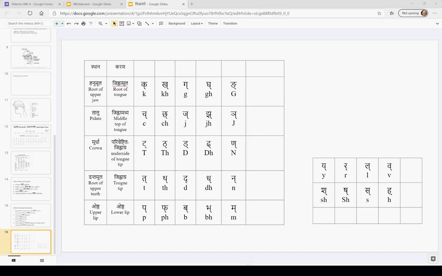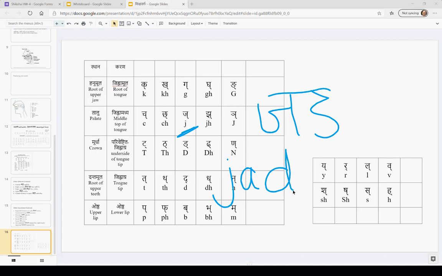Yeah, chhada. The next one is ja. So we know jala, right? Jala is simple. Or also we have jada. This is highlighted as uppercase D to represent this one.